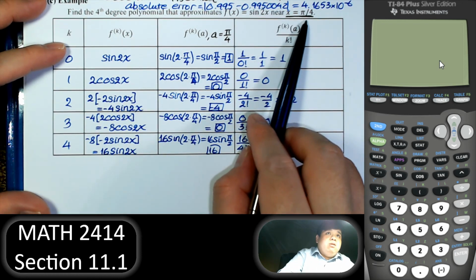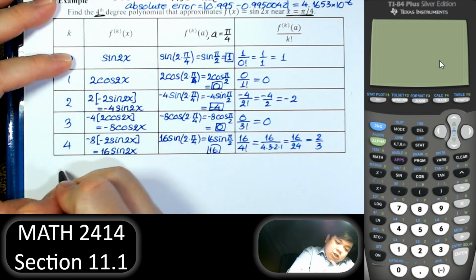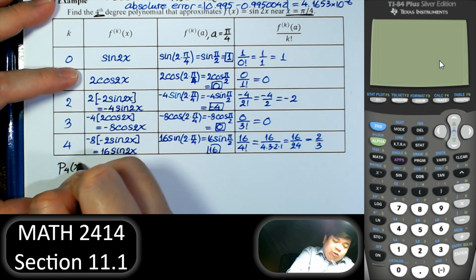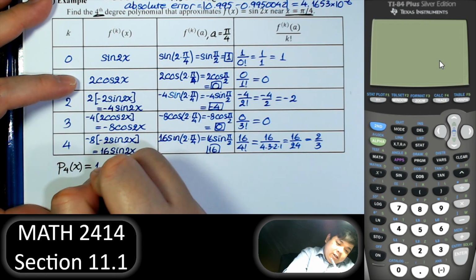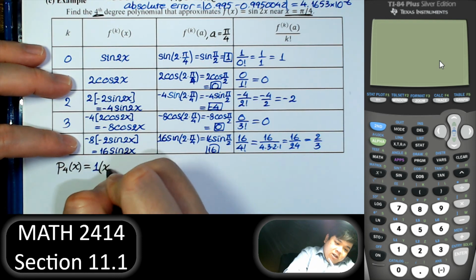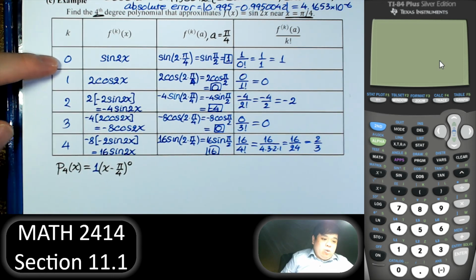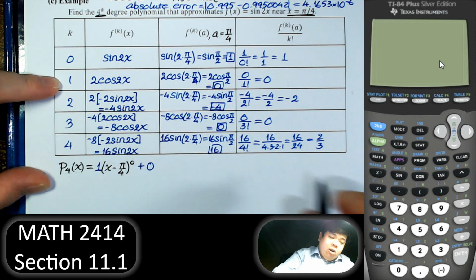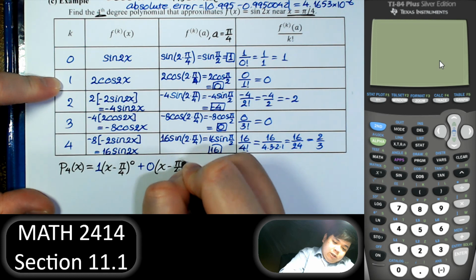The center is pi over 4. So this is the 4th degree polynomial. We're going to write P4 of x, the 4th degree. Now, the first coefficient is 1, and we will have x minus the center to the 0 power, because that's where k equals 0. Next, the coefficient is 0, corresponding to k equals 1, which is x minus pi over 4 to the first.